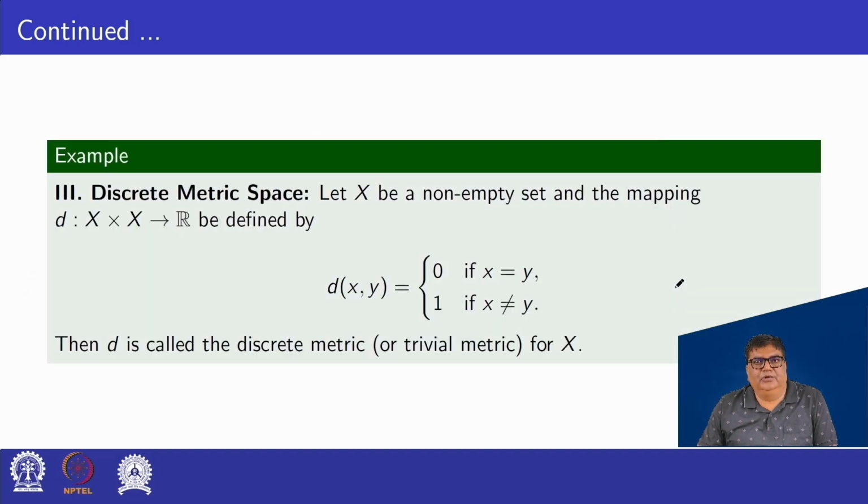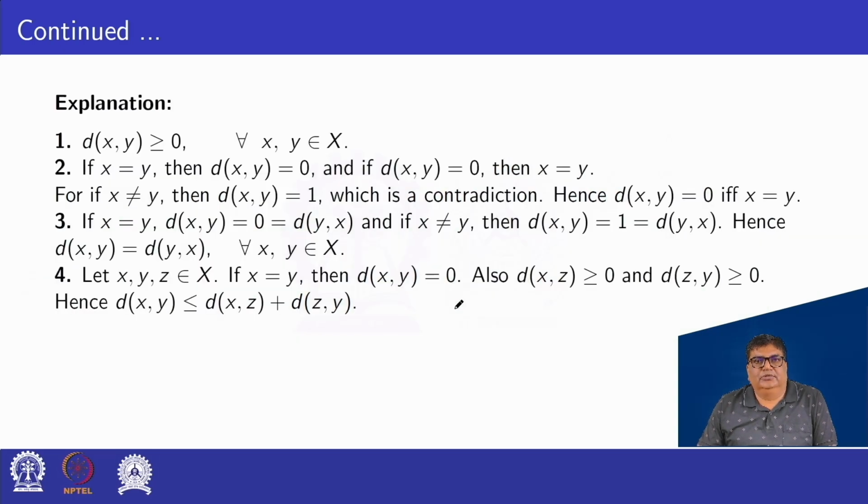Here there are only two options, that is dxy is equal to 0 or 1. So dxy greater or equal to 0, that is 0 or 1, is greater or equal to 0. So here z is different from x. So dxz is greater or equal to 0 and dzy is greater or equal to 0. So dxy is less or equal to dxz plus dzy.